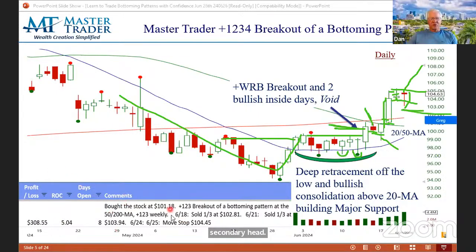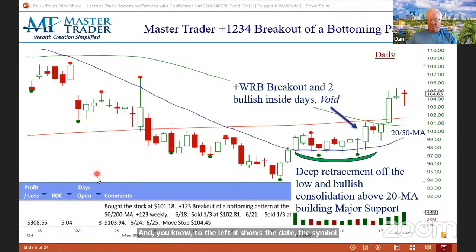This is a closed trade that we maintain in the members area, open and closed in a spreadsheet. To the left, it shows the date, the symbol, the stock or option trade, the stop loss, entry price, et cetera. We keep the history because for all of our trades, we explain what we're doing.